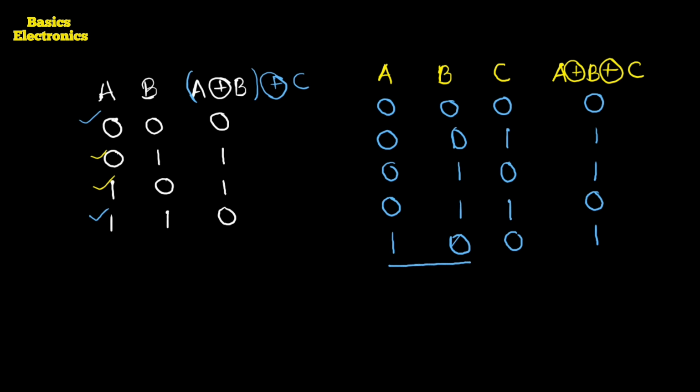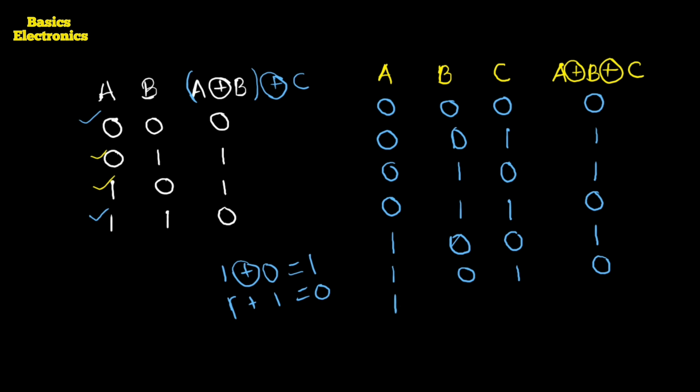Then again we get the output equal to 0. How do we get it equal to 0? See, 1 XOR 0 is equal to 1, and 1 XOR 1 is equal to 0. Okay, so we get the output equal to 0.